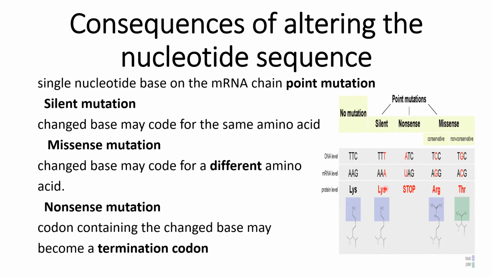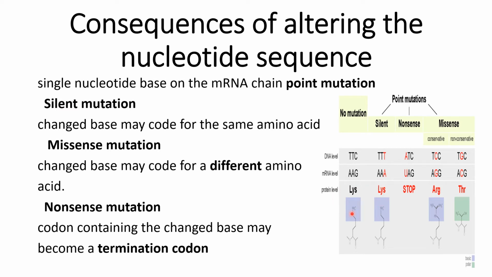The codon will be this one, but this codon is also for lysine. So when the point mutation takes place at this stage, there is no change of the amino acid. This one is known as a silent mutation, meaning the mutation occurs but it will not change the amino acid in the polypeptide chain.